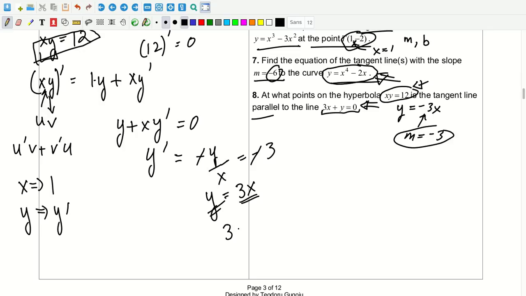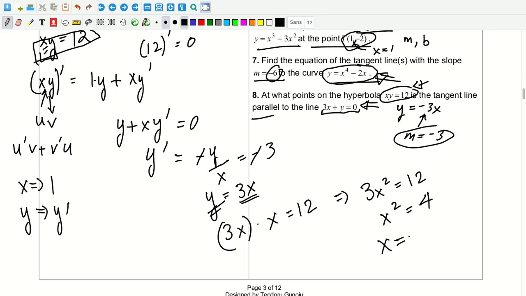So I do that, and I get 3x times x, that's part of the equation, equals 12, which means that 3x squared equals 12. So x squared equals 4, and so there's only 2 points of interest. It's going to be x equals plus or minus 2.